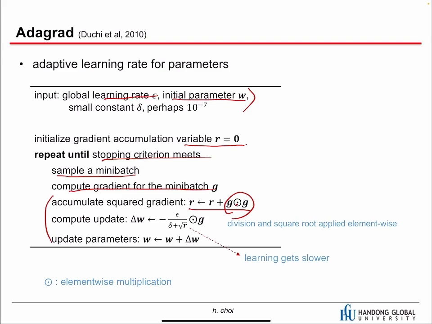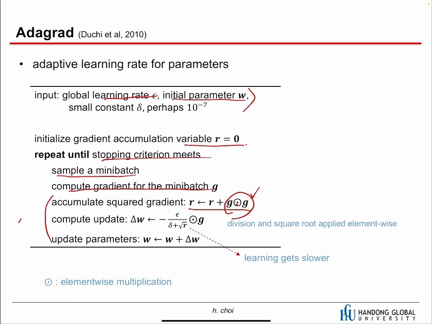So r is the accumulated amount of gradient, which means at the current point, r says, oh, we took this many steps, we have been updating this much.